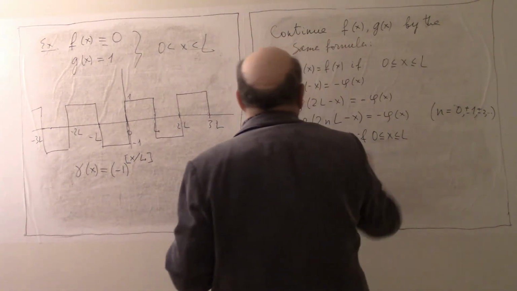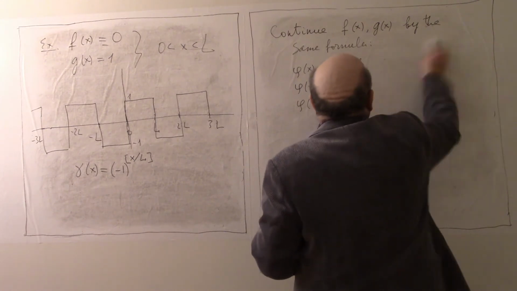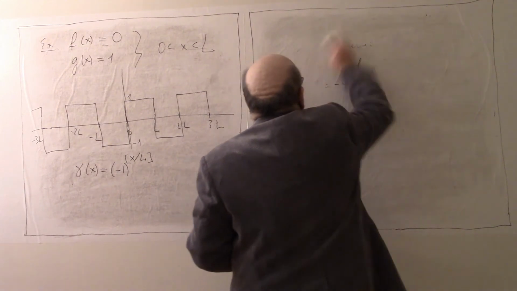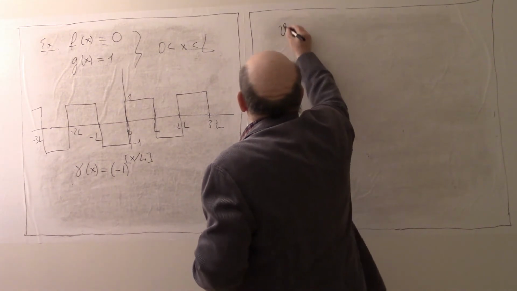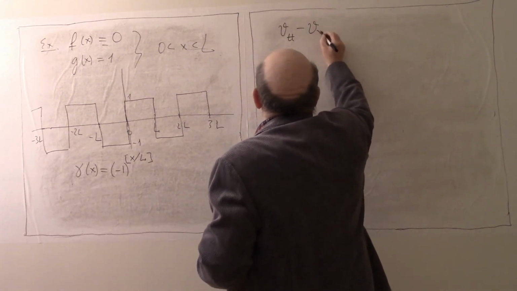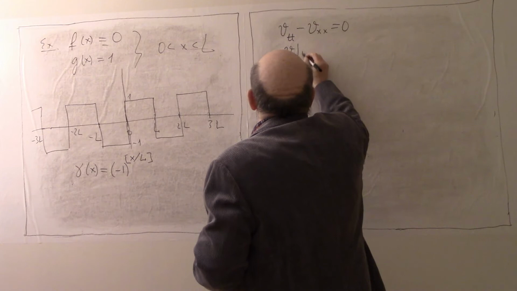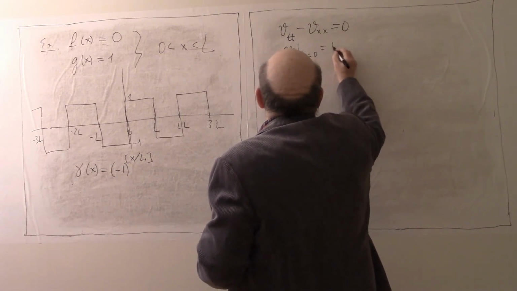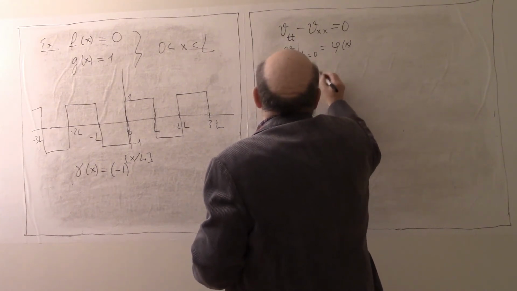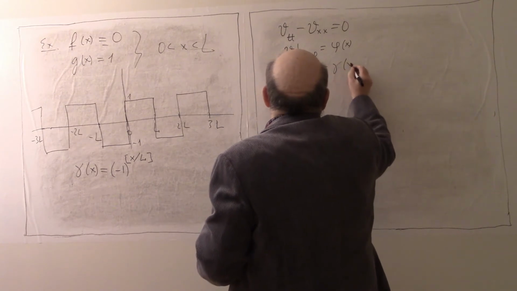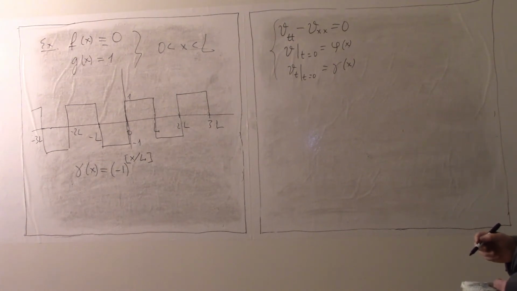And now we define the solution of the following initial value problem. v tt minus v xx equals 0. v for t equals 0 is phi of x. v t for t equals 0 equals gamma of x. This is our initial value problem.